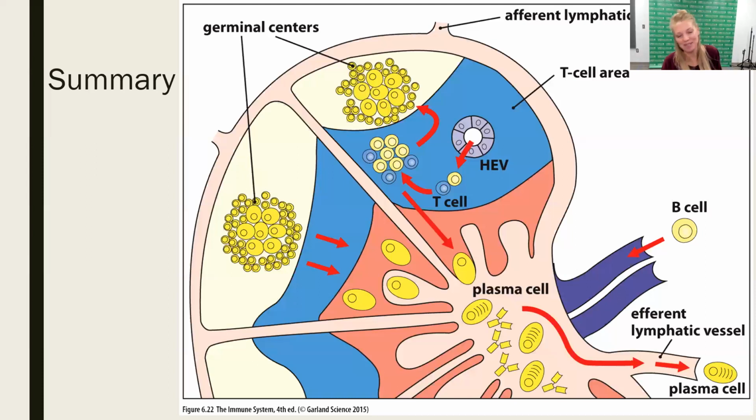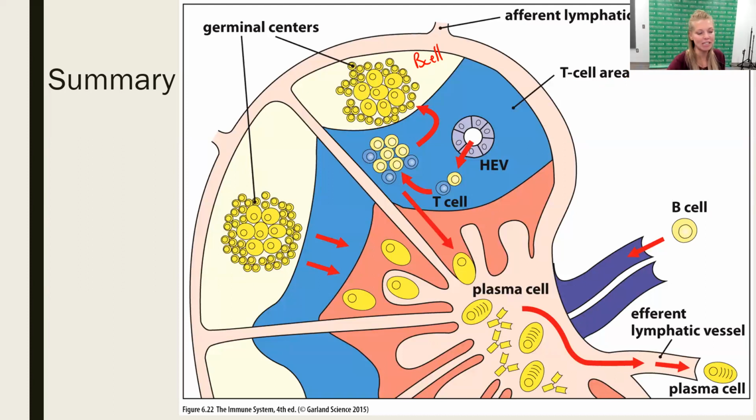Okay, my last summary slide is just a review of the anatomy of a lymph node, where we have our T cells and our B cells and where things happen. We have our B cell area up towards the cortex, and we have our T cell area more towards the middle part, right?